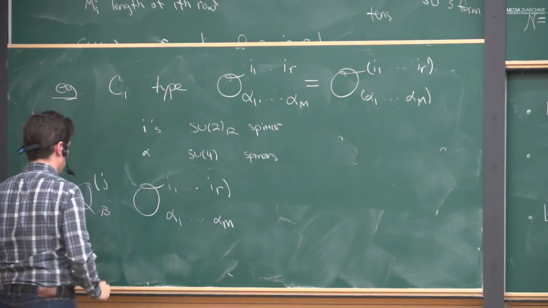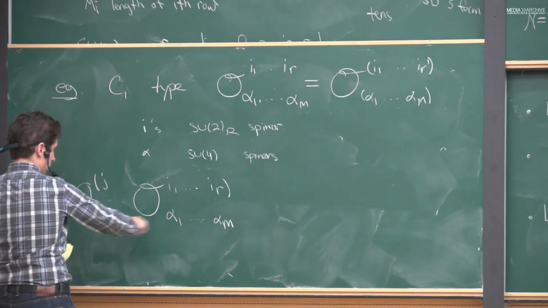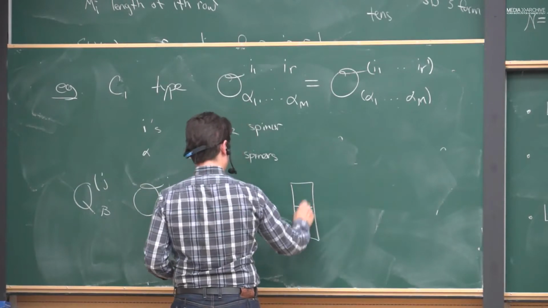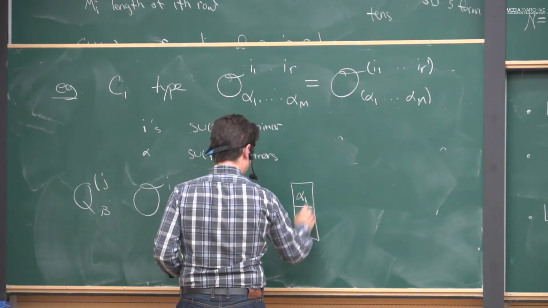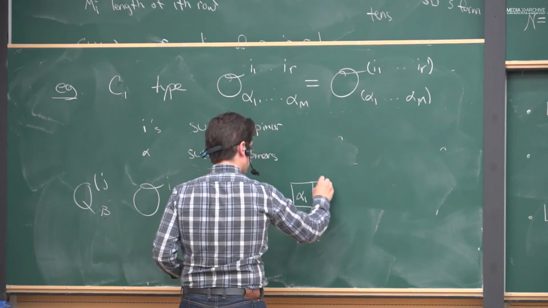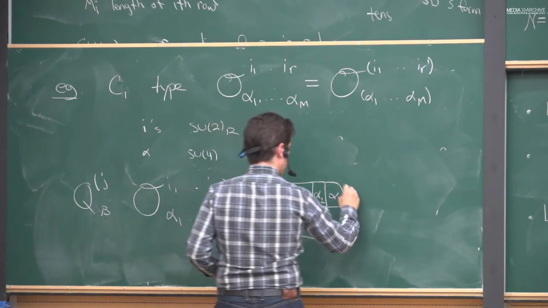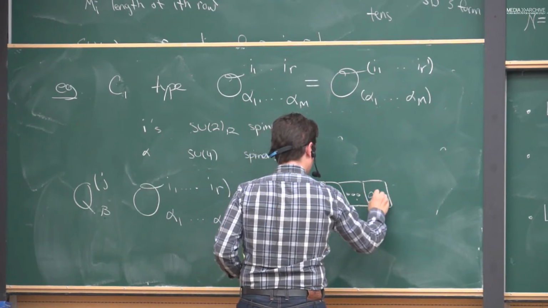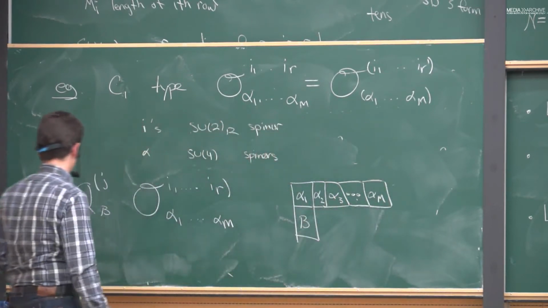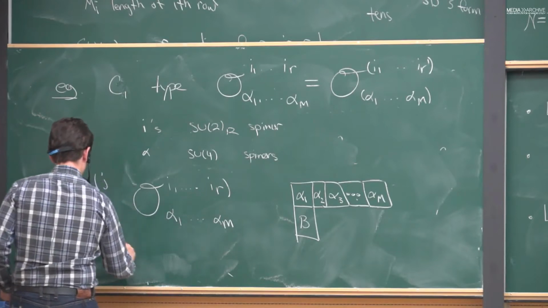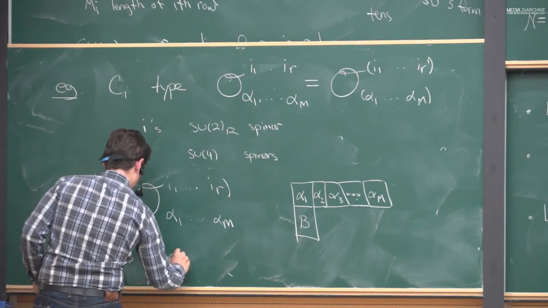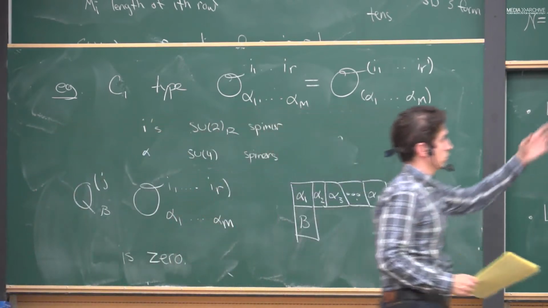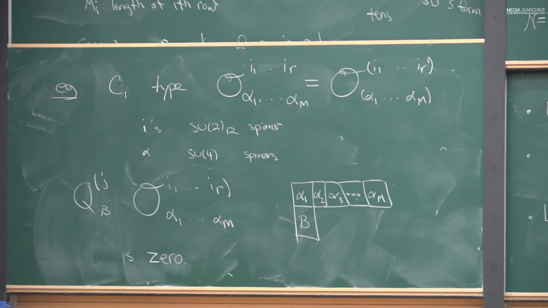So you symmetrize on all the R-symmetry indices, and then you take the Lorentz symmetry indices and you project it onto this representation. So this is zero, that projection. All these short guys have some kind of thing like that.